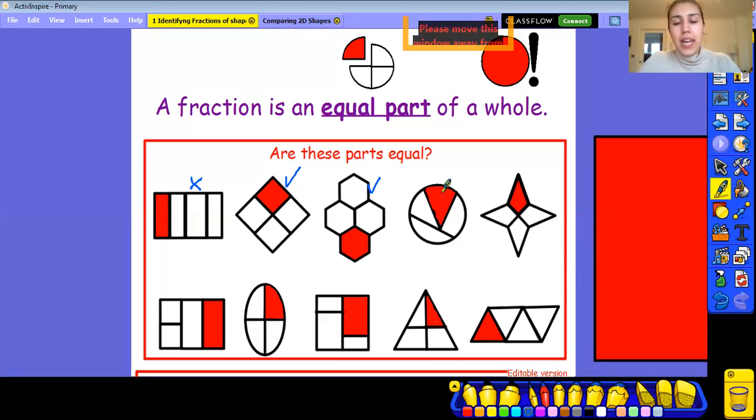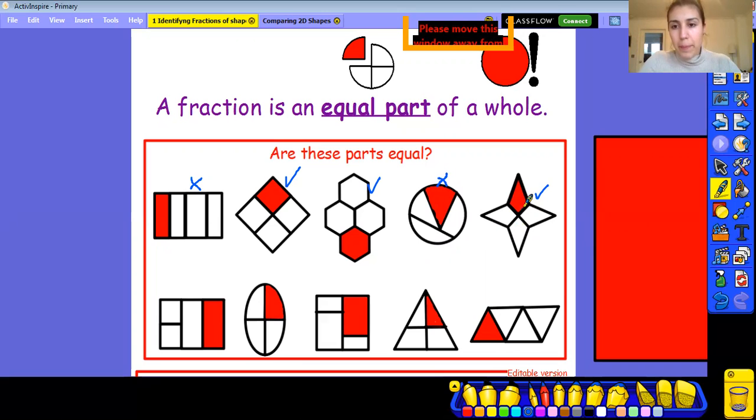Is this red part here equal to the other parts in this whole? Well done if you said no, it's not. Is this red part here equal to the other parts in my whole? Yes, it is. Well done. So you might notice that, for example, this is the same shape, but it's just on its side.